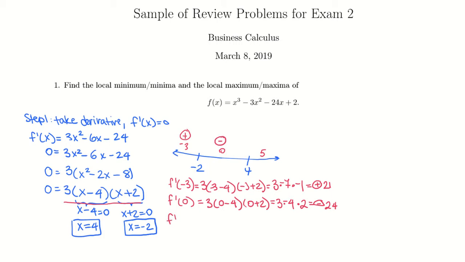And then f prime of 5, which is 3 times 5 minus 4 times 5 plus 2. So 3 times 1 times 7, which is positive 21.